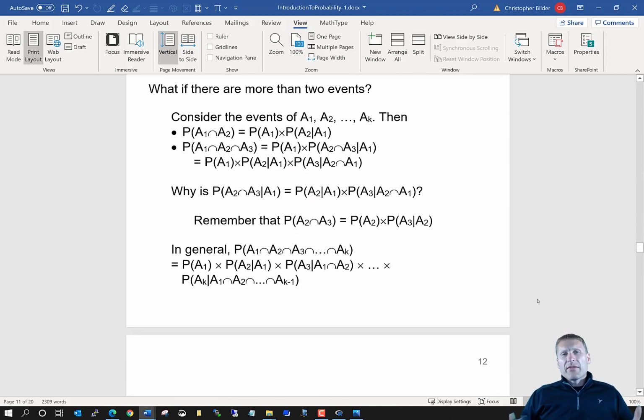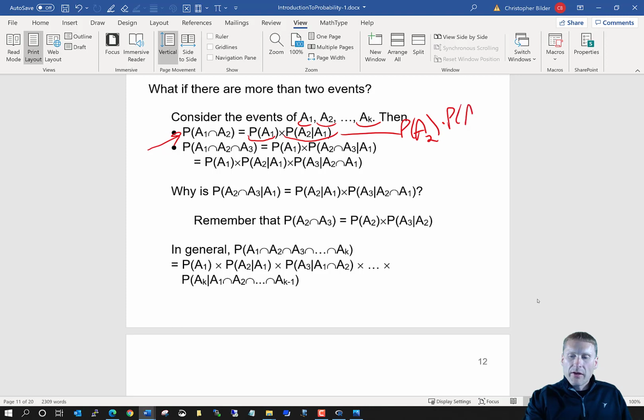Now, leaving that example, what if there are more than 2 events? Let's call them A1, A2, down to AK, just to be generic. Well, we could write out the probability of A1 intersect A2, just like what we've done before, using that multiplicative rule: the probability of A1 times the probability of A2 given A1, or you could say the probability of A2 times the probability of A1 given A2 as well.